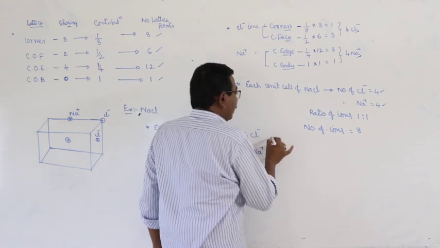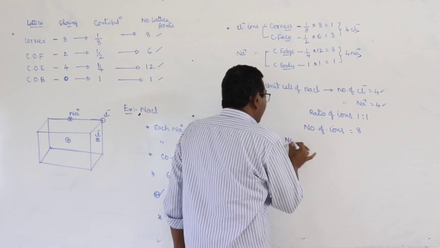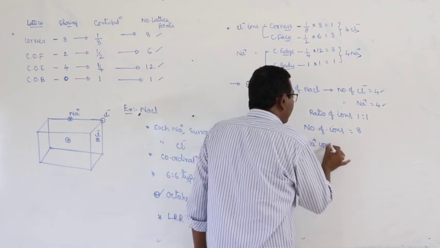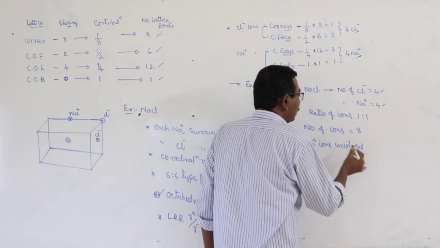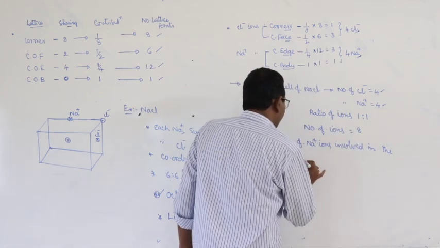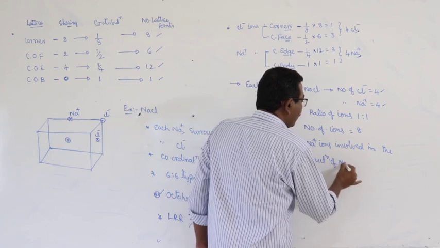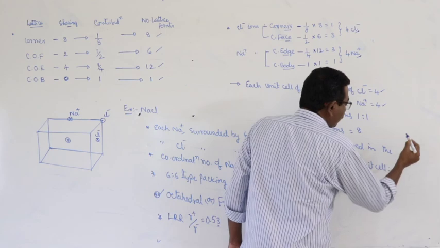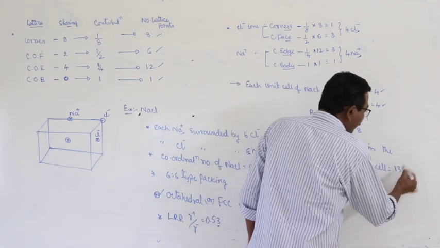Here there is another important statement. Number of Na plus ions involved in the construction of NaCl unit cell is equal to 13.